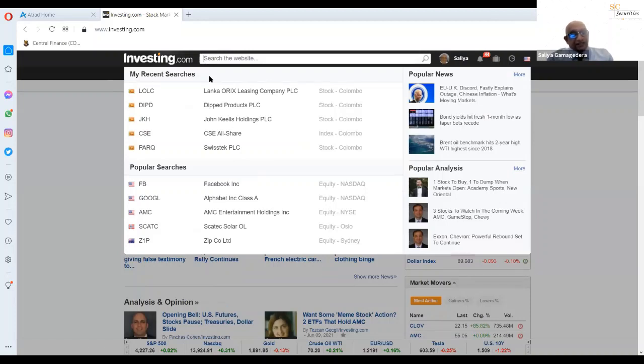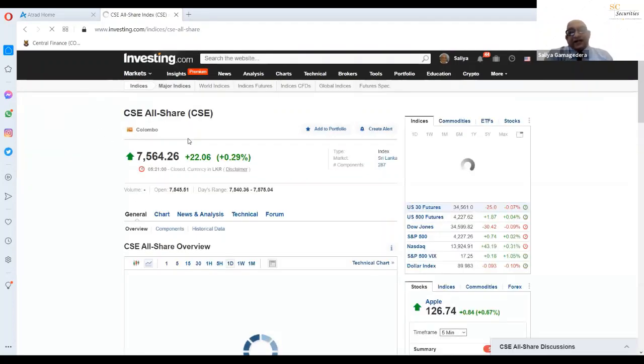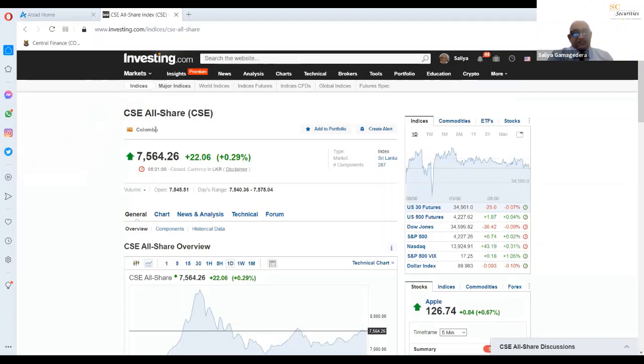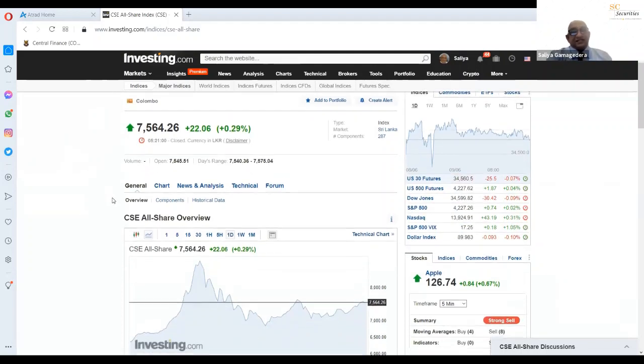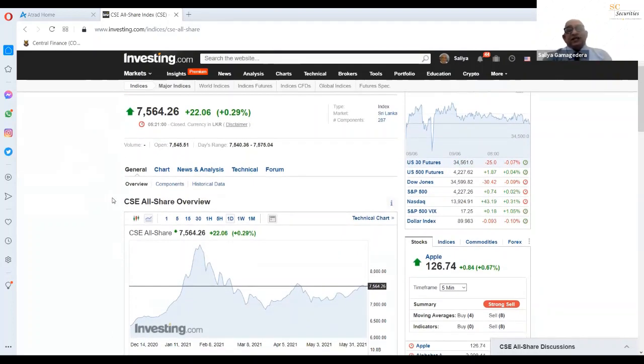It's known as Colombo, or rather CSE All Share. We click on CSE and we come to the CSE All Share, click on that. Thereafter we are taken into the CSE web page within the platform, or rather within that site.